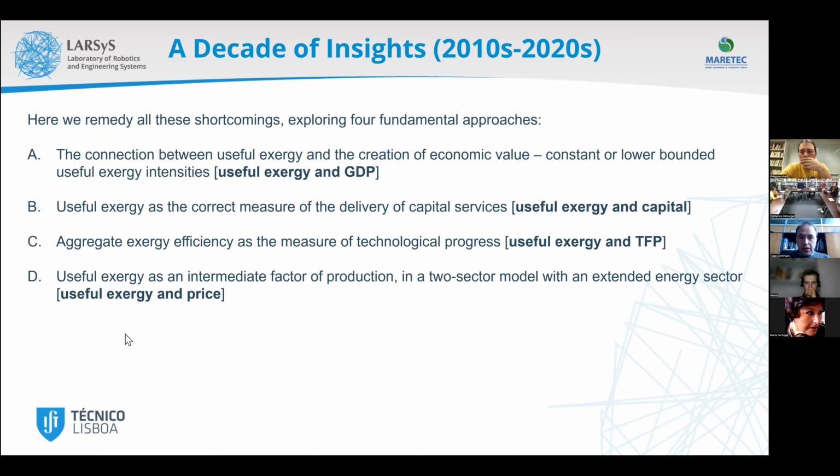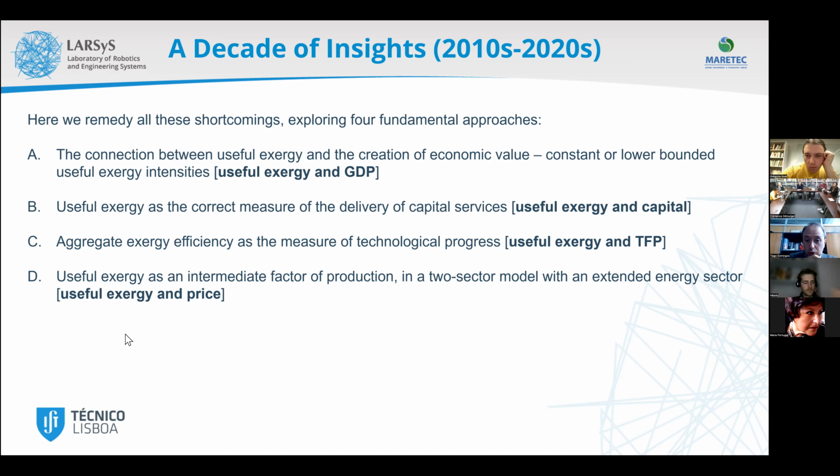Okay, so what I'm going to talk to you about is what we've been working on in our research group in Lisbon, in collaboration with Bob Ayres and Benjamin Warr themselves, and in collaboration with other people in the Exergy Economics group. And basically, I will tell you about how we've been tackling these issues along 4 approaches. So we will look at the connection between useful exergy and the creation of economic value, so the direct connection between useful exergy and GDP.